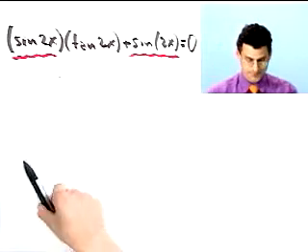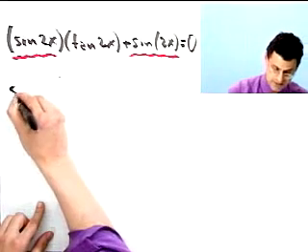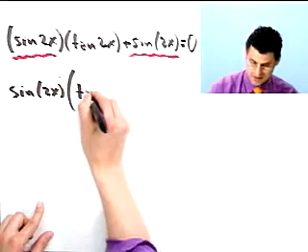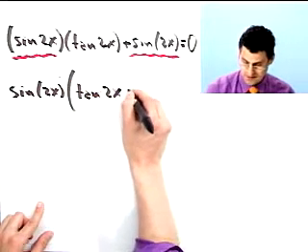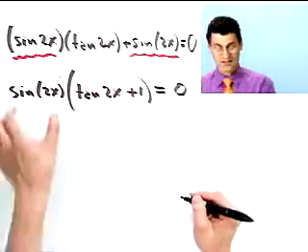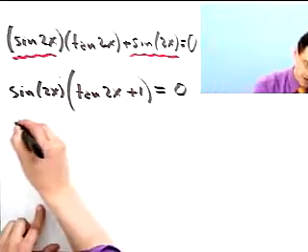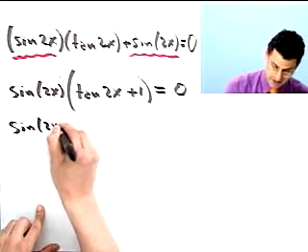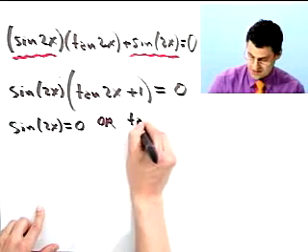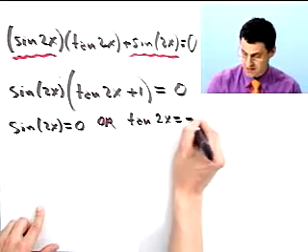So let's do that. So sine of 2x times tangent 2x plus 1 equals 0. And so if I have a product of things equaling 0, either sine of 2x equals 0, or tangent of 2x equals minus 1.